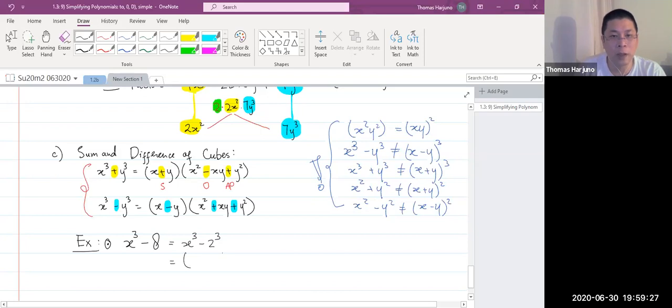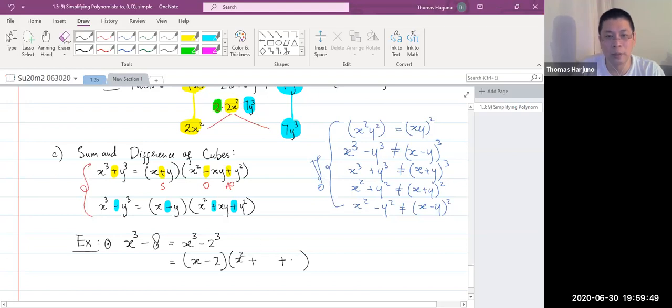So the first factor will be the base, same base. And then the second factor, the sign will be opposite, always positive. The first term of the second factor is the first base squared.